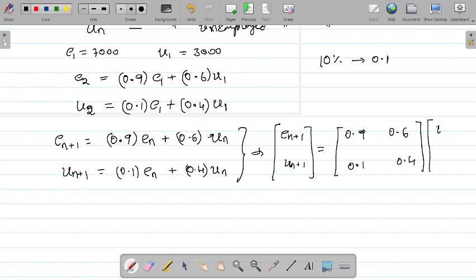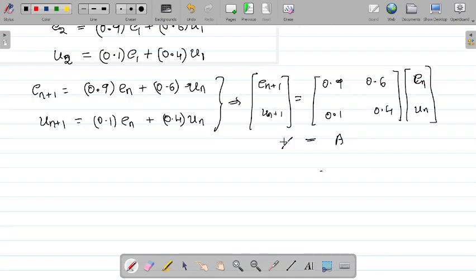So let me take this matrix as A. Let me assume this one as xn plus 1. Xn plus 1 is equal to A into xn.